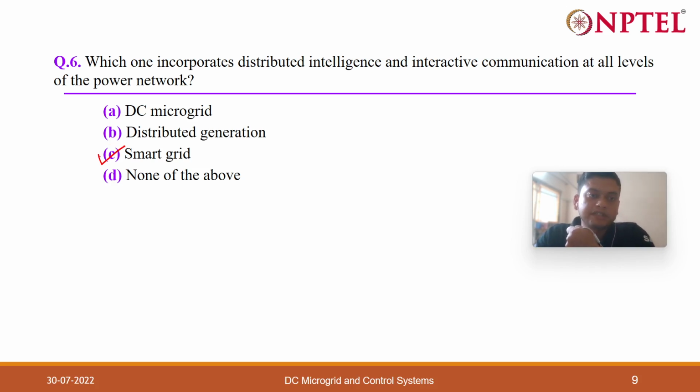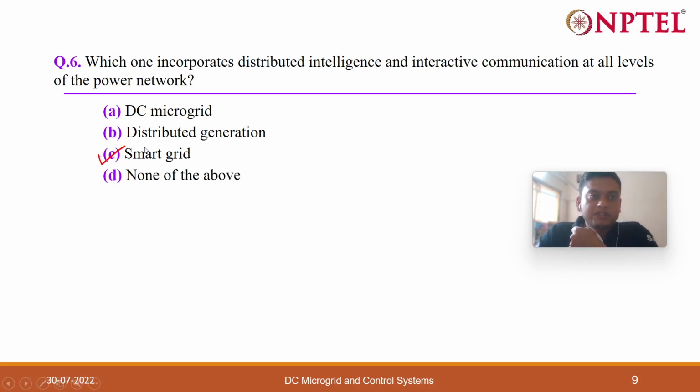If it incorporates smart meters and information technology services in our own grid, then it increases the smartness of the grid, so that it has better controllability and we can better forecast our demand, so there will be better stability and reliability of the grid. This is what smart grids are: they incorporate distributed intelligence and interactive communication at all levels of the power network.